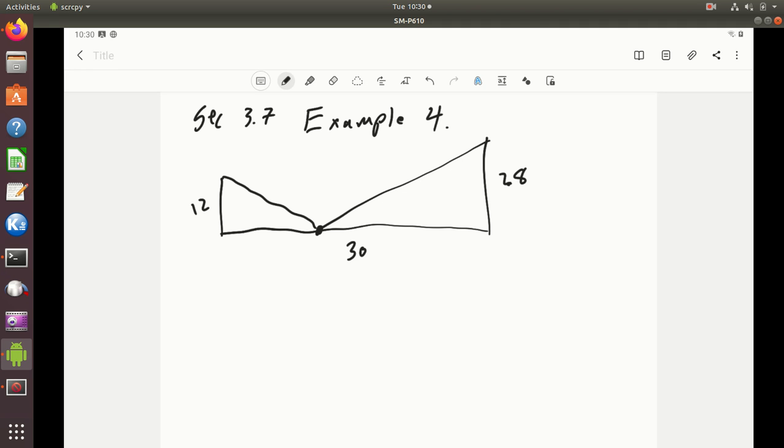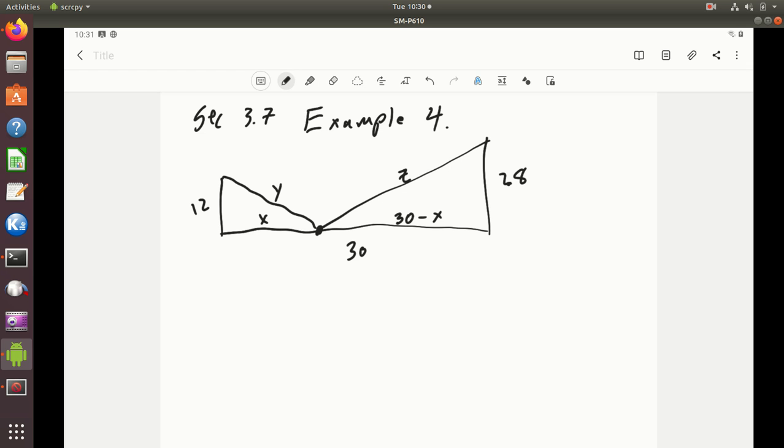And so what they suggest is, hey, we just call that distance x, and if that's x, then that distance is 30 minus x, and let's call that distance y and that z. Now, why the y and z?